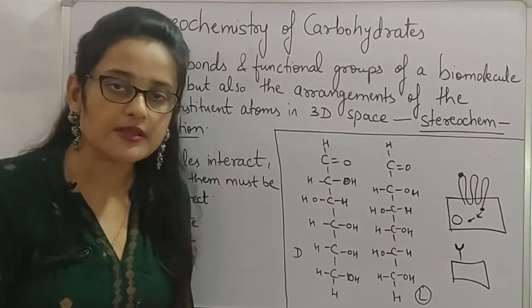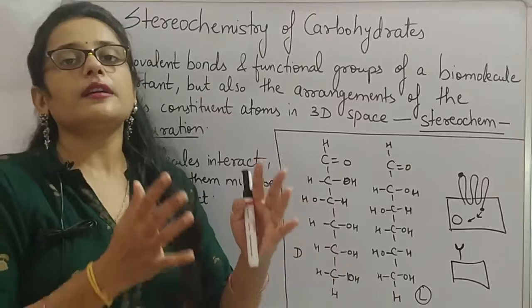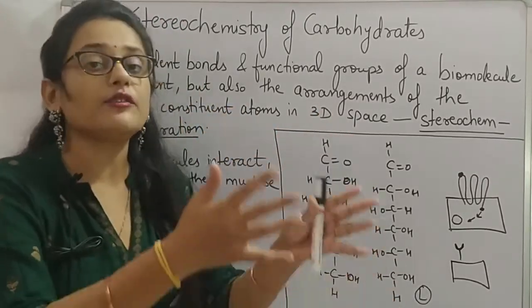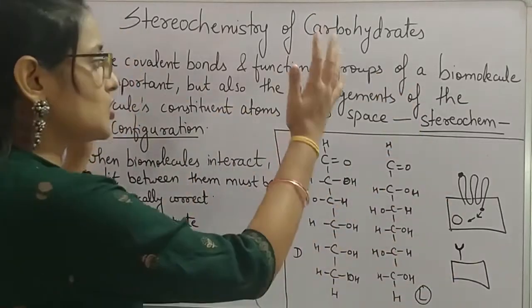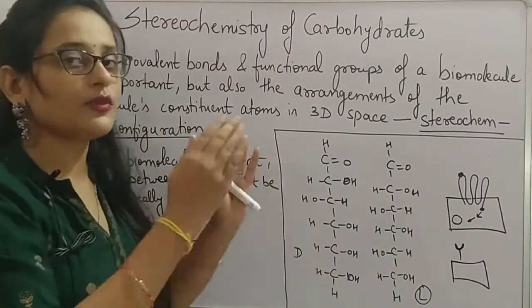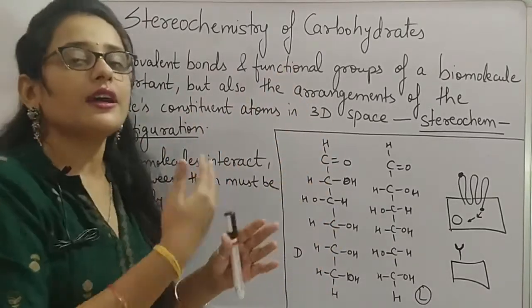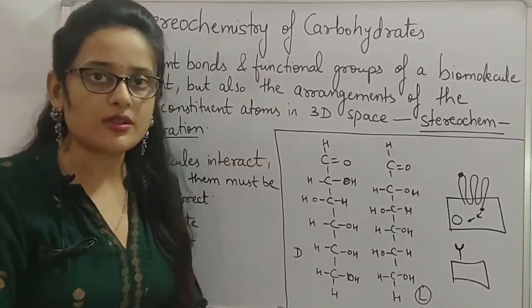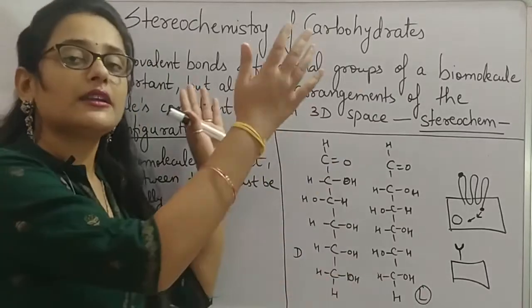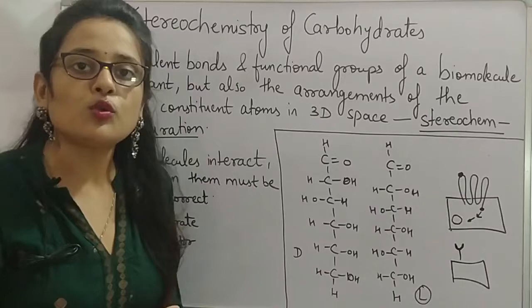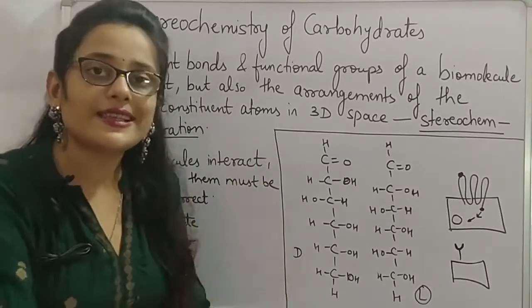Three-dimensional space arrangement means, as I have already explained, that a biomolecule has a structure in three-dimensional space, and when we want to draw that structure in two-dimensional space, that is, when we want to draw a molecule of glucose on a piece of paper, it becomes a bit different because we try to depict that three-dimensional structure in two-dimensional space. So we follow some rules, but we cannot draw the exact thing.